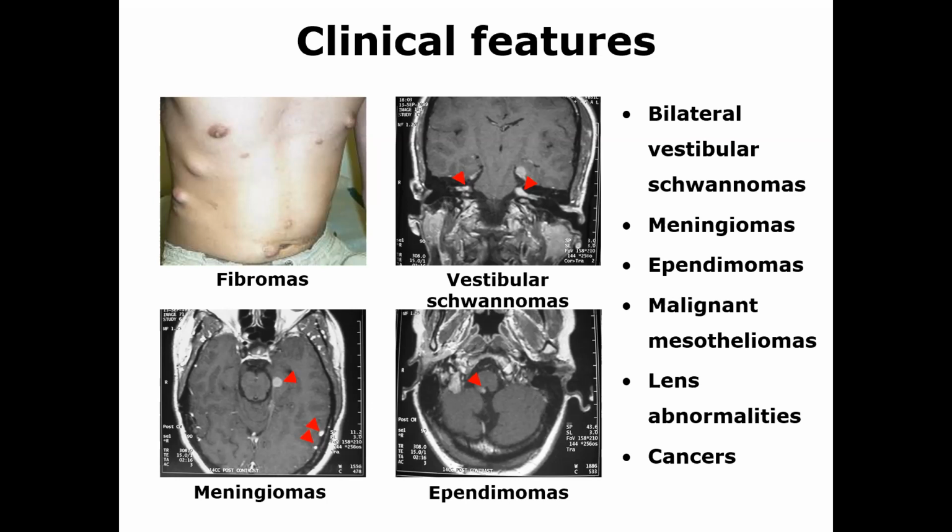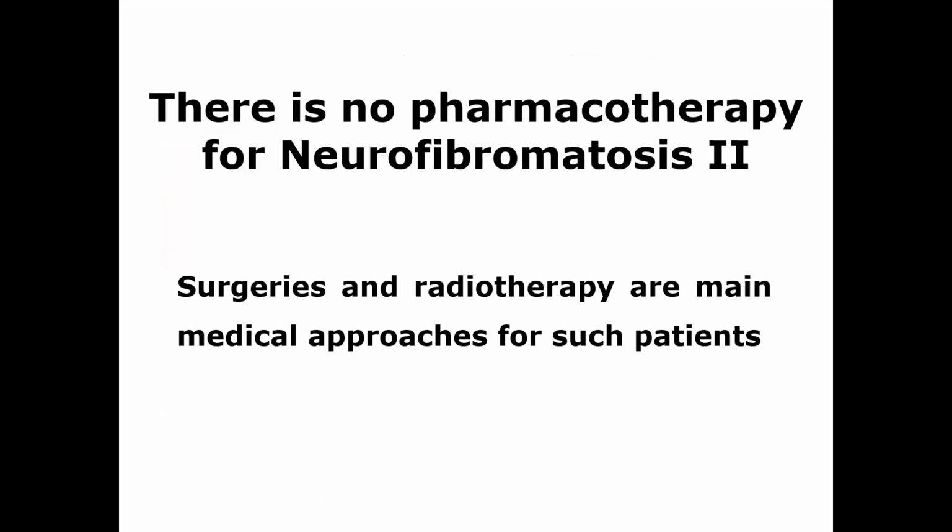Why this disease? Because there is still no pharmacotherapy developed. Because the pathogenesis of the disease is very complicated. So nowadays, the main way to treat neurofibromatosis patients is surgeries, multiple surgeries, and this, of course, applies to neurosurgery or radiotherapy, and such an approach eventually leads to disabilities.